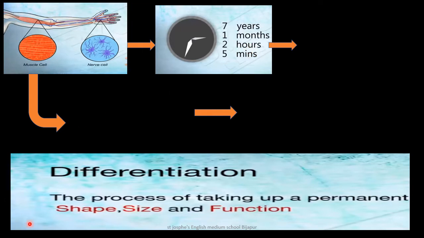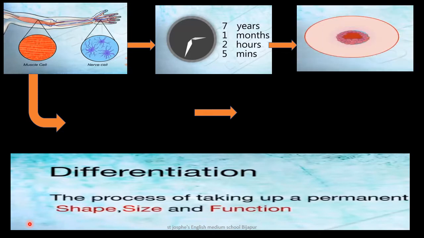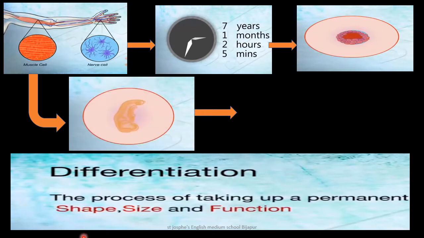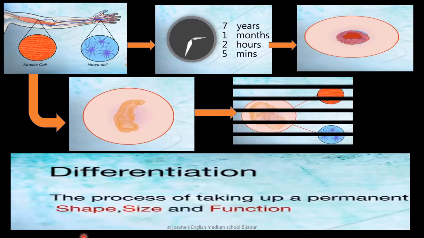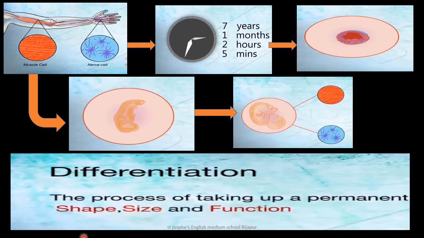It starts to divide and increase in number, and they form a group of cells, and they form the tissue. Now these tissues, after some period of time, get converted into organs, and these organs then get converted into organ systems, and they take up a particular shape, size and structure, and they also perform the function accordingly.